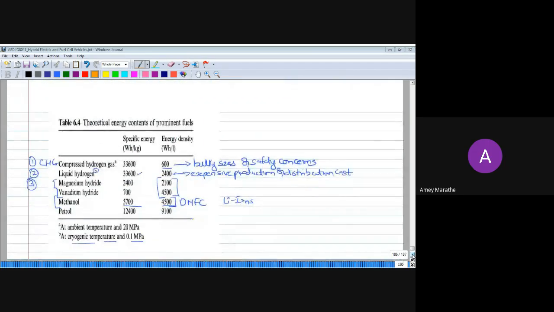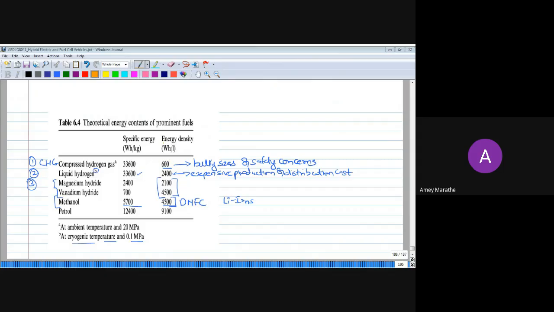Theoretically, this table talks about the energy content of the prominent fuels in a fuel cell. If you store the hydrogen in the form of compressed hydrogen gas, you get a very high specific energy, but the energy density is very low.